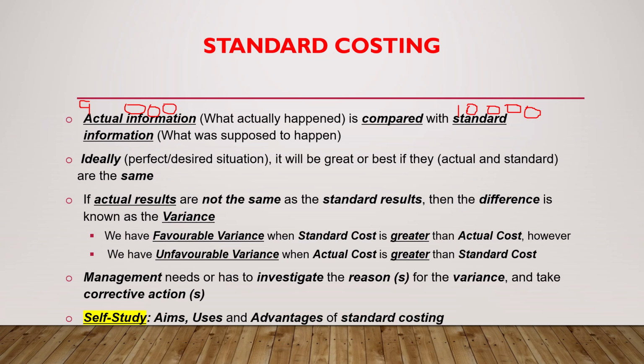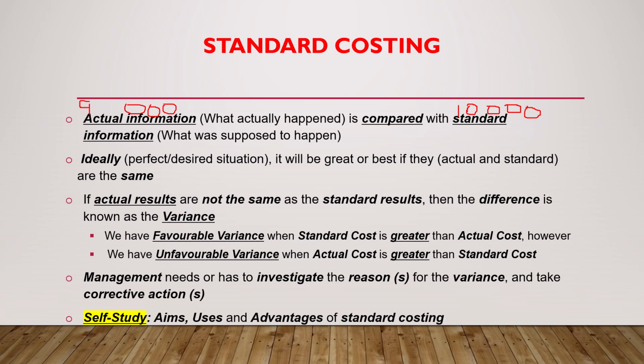If this person plans to spend 10,000 but he actually spent 9,000, that means he spent less than he planned. So there's that change of 1,000, which is favorable to him because he can use it to buy something else, right? Don't forget, the variance is favorable when standard is greater than actual.